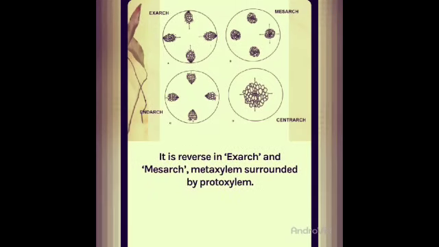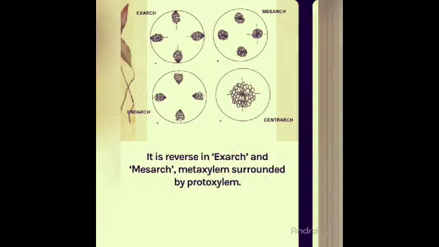In the next, it is reversed in endarch and mesarch. That means it is just opposite in the case of exarch and mesarch. Metaxylem is surrounded by protoxylem. Now let's do revision.